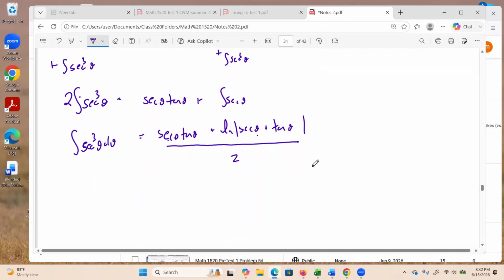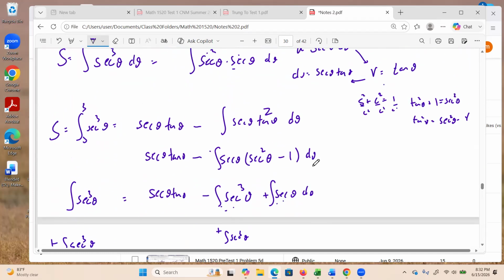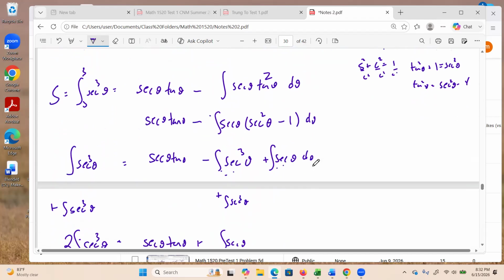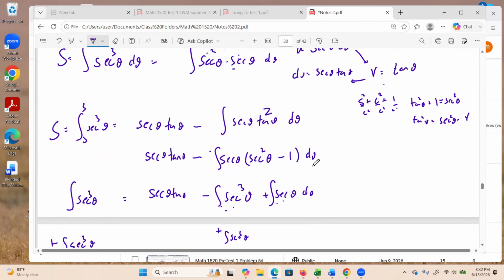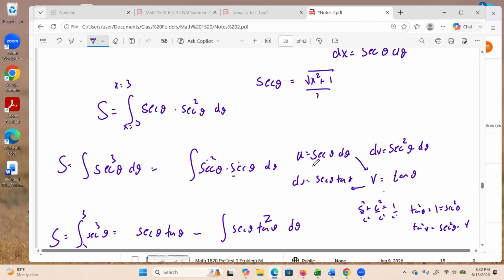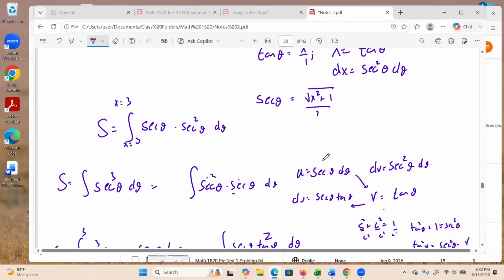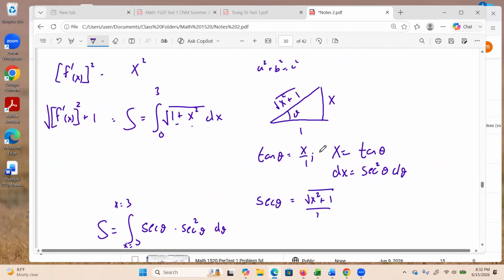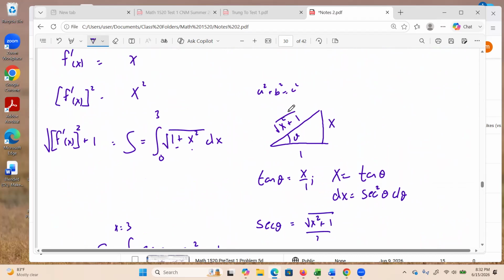Okay, going way back to the beginning. Remember, I didn't change my integration into thetas because that would have been messy. What I'm going to do is go back to my original problem here with my original triangle and say secant is equal to the square root of x squared plus 1 over 1.